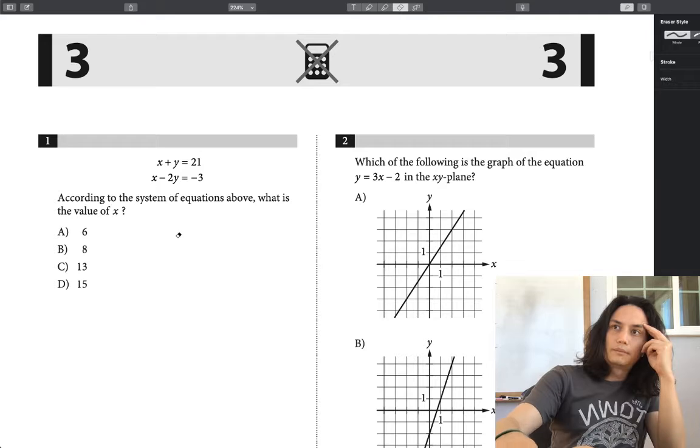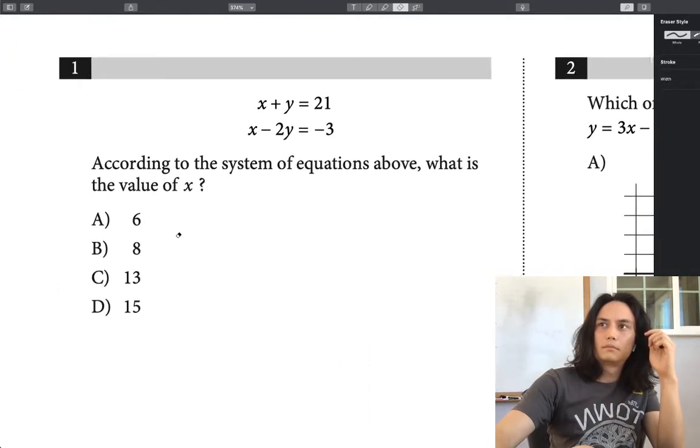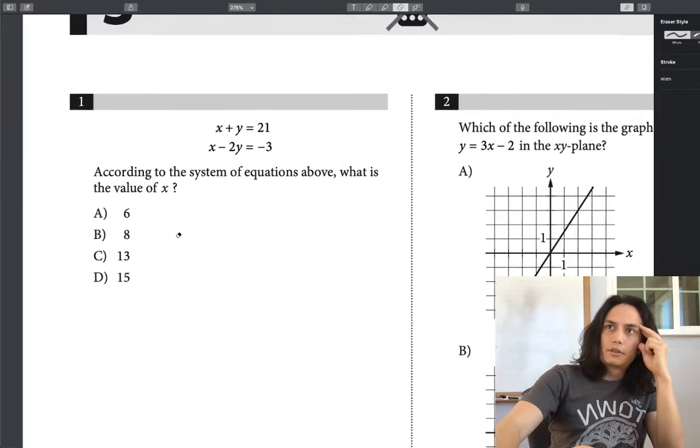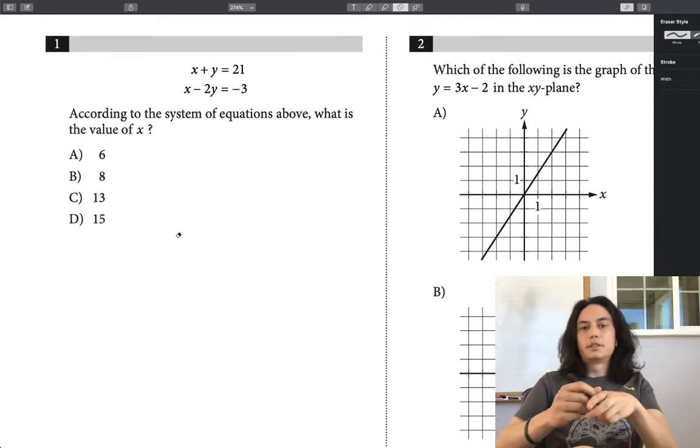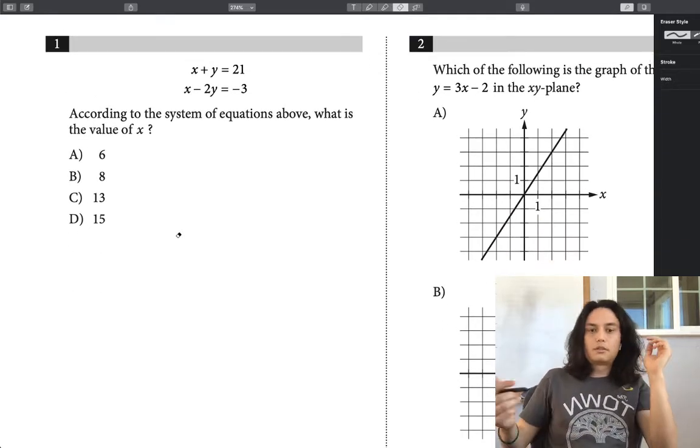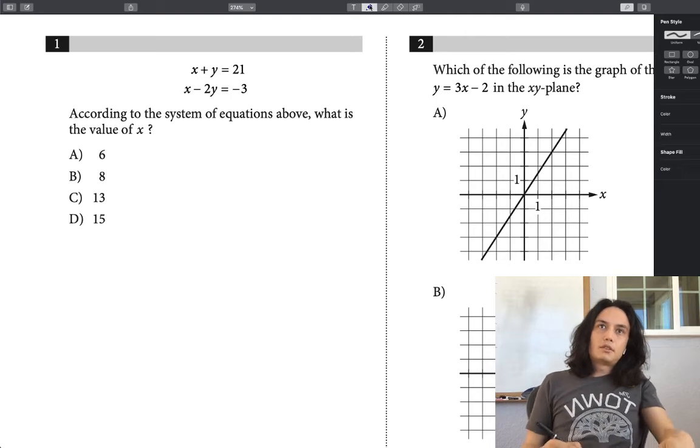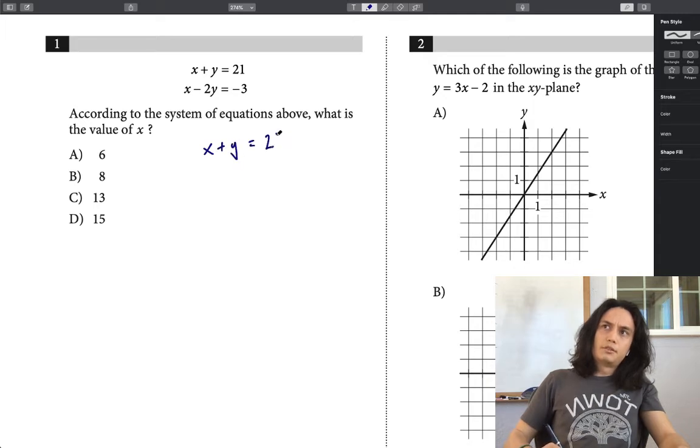All right, I'm going to zoom in. According to the system of equations above, what is the value of x? So this is a systems of equations question. Almost all of these questions can be done with the addition or subtraction method, where you just find the variable that you want to cancel out and either add or subtract the equations from each other, both sides, to cancel it out.